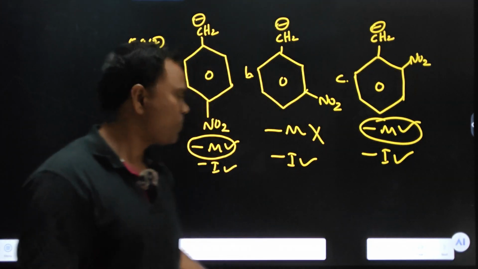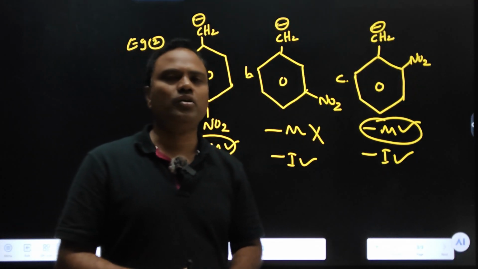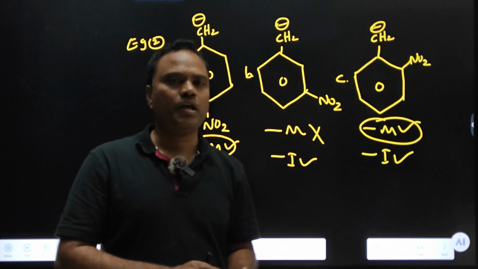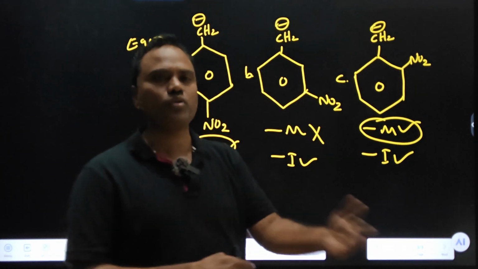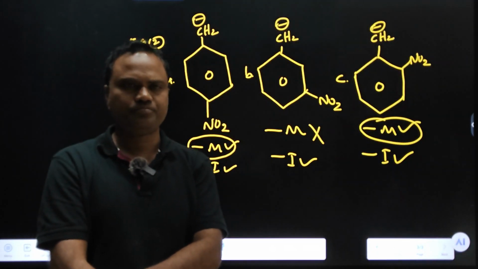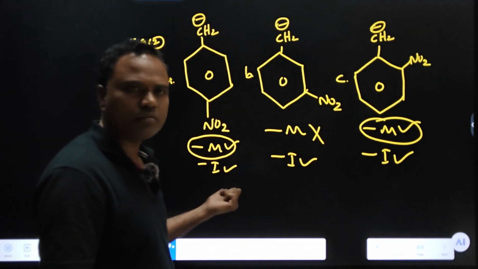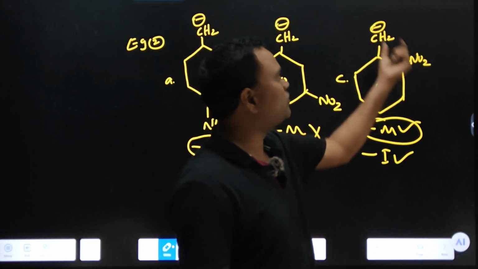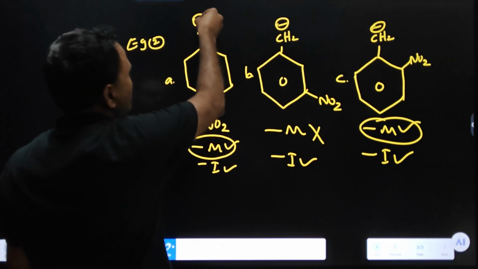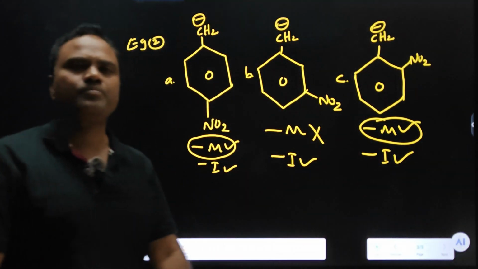Are you getting the concept? Minus M here and minus M here can be cancelled. For the mesomeric or resonance effect, the effect is the same, meaning the donation or withdrawing is the same in ortho position and para position. For example, if NO2 withdraws some 20 electrons from this carbanion, this NO2 also withdraws 20 electrons.